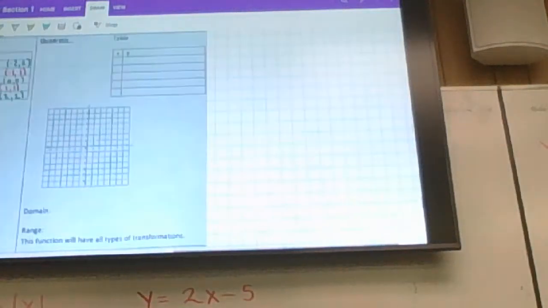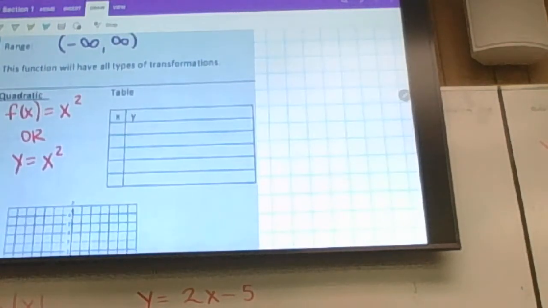Let's do quadratic. So what is -2 times -2? 4. A positive 4.